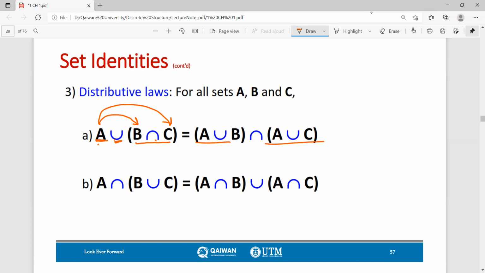And for intersection, if we have A intersection B union C, we say A intersection B union A intersection C.